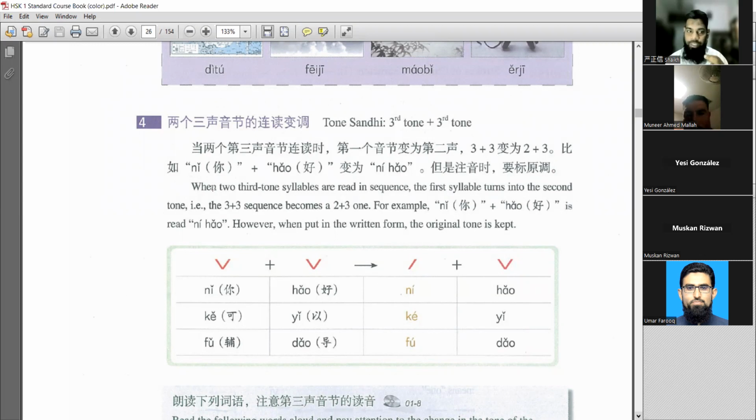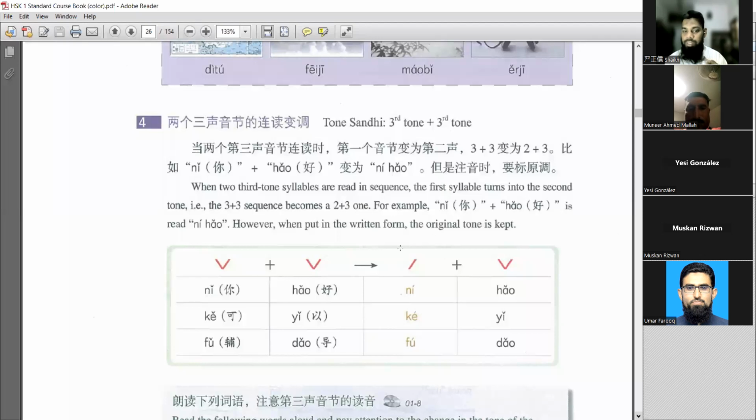It's also written here. When two third tone syllables are read in sequence, the first syllable turns into the second tone. So if you find a 3 plus 3 sequence, the sequence becomes 2 plus 3.